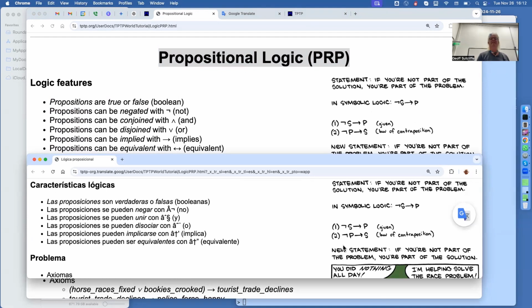This makes life easy now. We can do the Spanish and the English together. So propositions are things that are true or false, like Boolean algebra. In logic, we have not, and, or, implies, and equivalent. All right, it doesn't translate well.